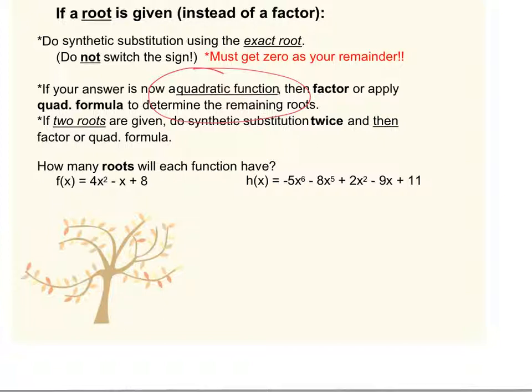And you'll see so far today, for us to get started, we have to be given one of the roots, and find the rest. So if we had a quadratic, remember that's going to have 2 roots. If we had a 6th degree, and we won't see many 6th degree polynomials, but it would have 6 roots total. So it's good to know how many we're looking for so that we know when we're done.